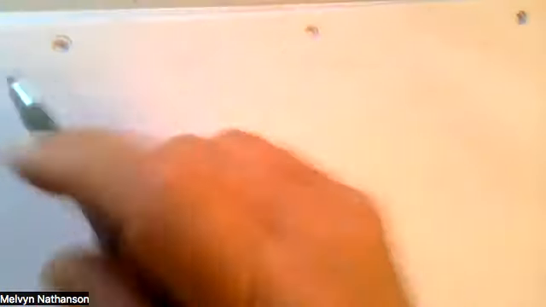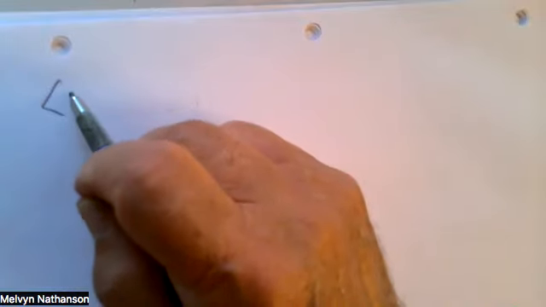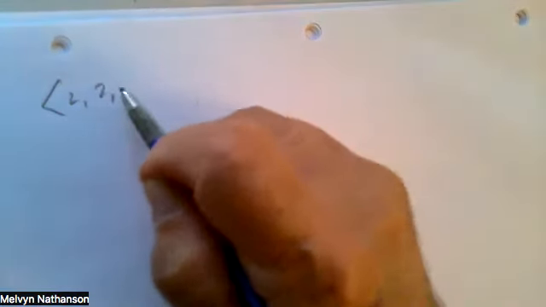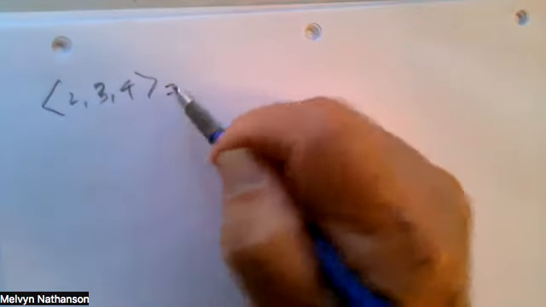So I'm trying to find an easy way to express this. Let me look at an example just to make this a little bit more concrete. I'll just write down a continued fraction at random. Suppose I look at the continued fraction 2, 3, 4. So what is this?